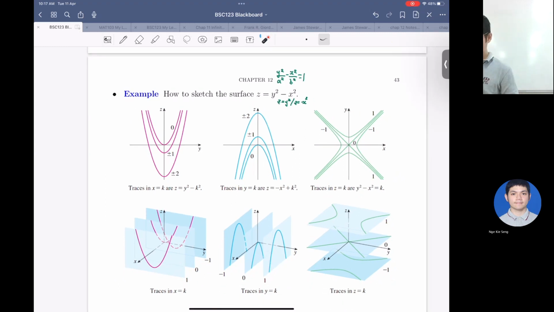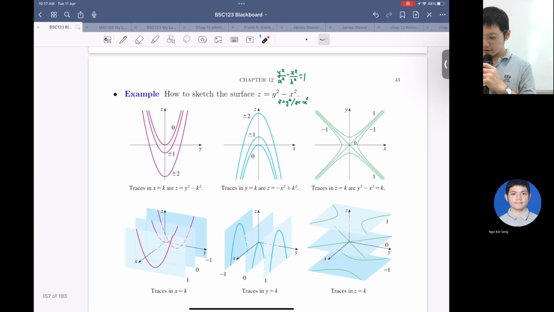So what's next? Next we need to combine these three pictures together. On the x direction, you have this growing. And then on the z direction, you have this shape here. And on the z direction, this hyperbola changes whether you are positive or negative, changing the direction.